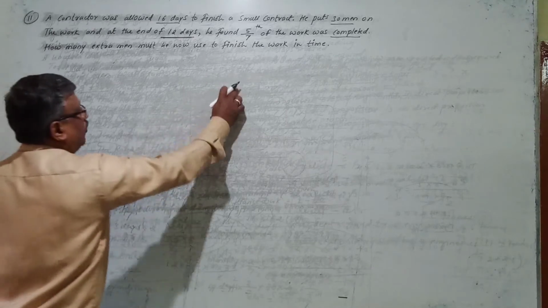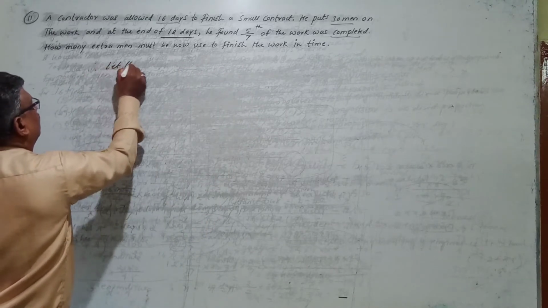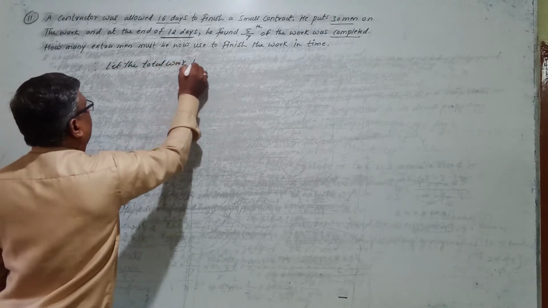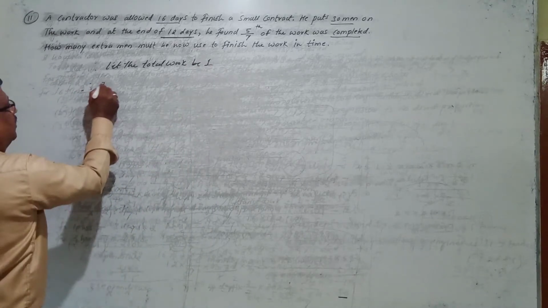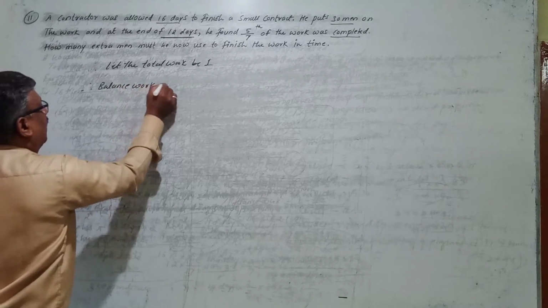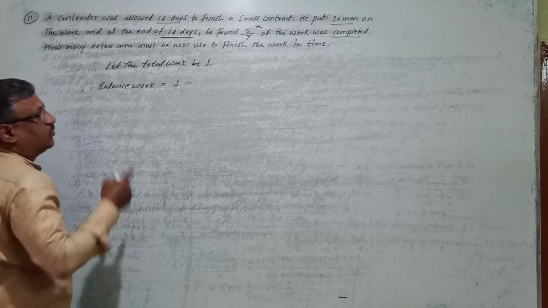So first we will calculate the balance work. To calculate the balance work, you assume the total work. Let the total work be 1. Now first you calculate the balance work. To calculate the balance work from this total 1 work, you minus the work done.